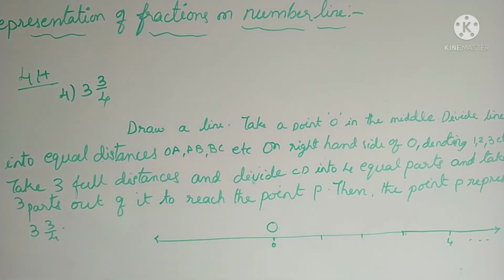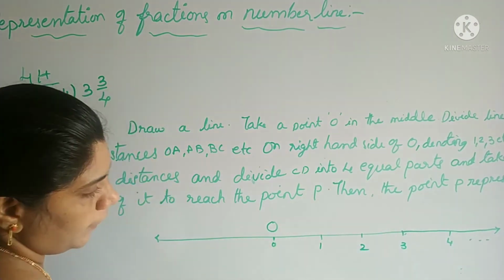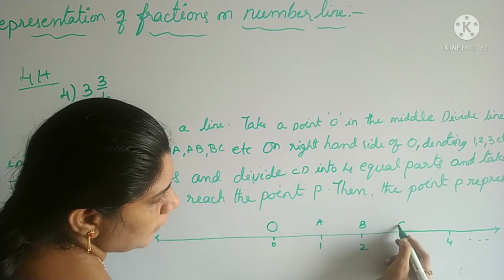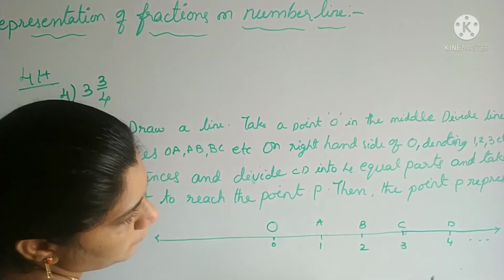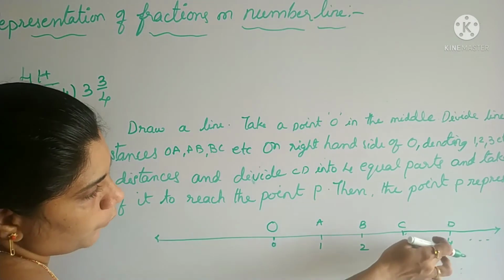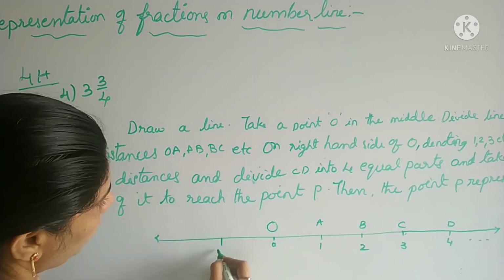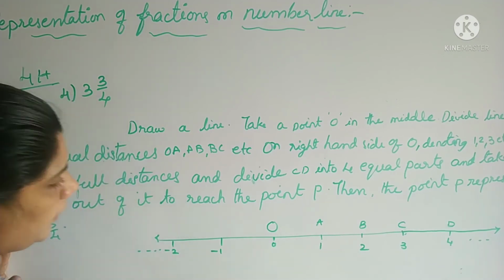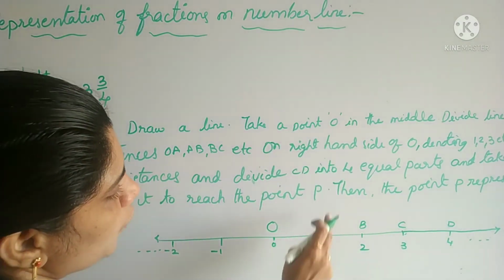We have to divide the number line into equal parts. 1, 2, 3, 4 I have divided, and I am giving the names as A, B, C, D. Okay, 1 as A, 2 as B, 3 as C, 4 as D. On the left hand side also equal parts, -1, -2, and so on will be there. So now take a point O.